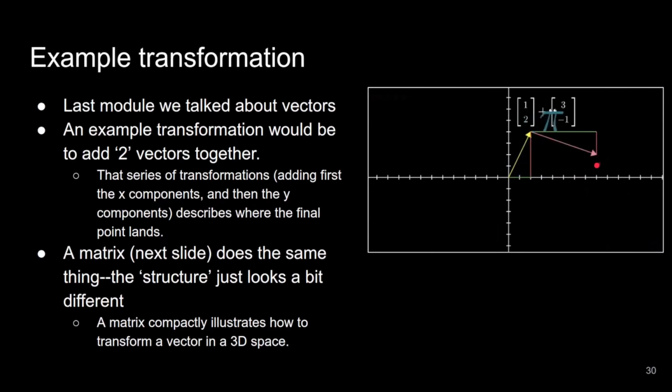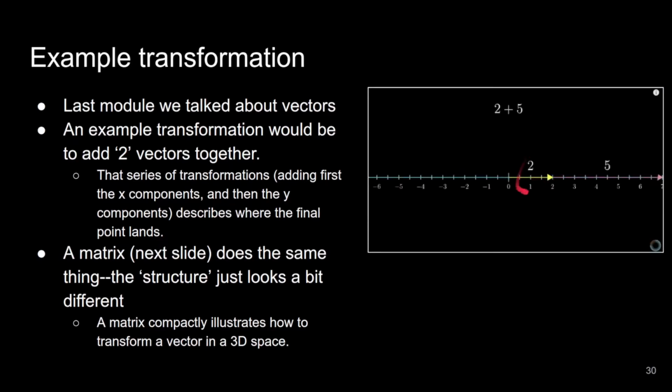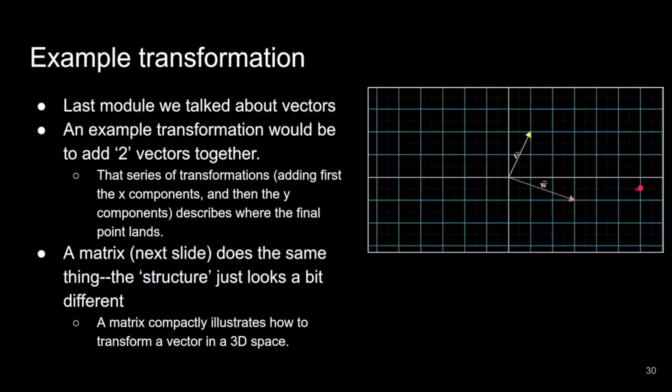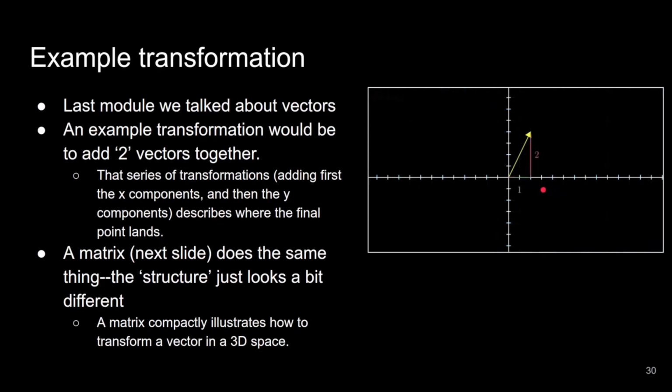So it's a series of transformations: adding the x components, and that happens linearly independent, right? 2 plus 5 here. You can just do that on a number line. Here's how we add things. But then you do that same transformation on the y components: the 2 here, and then the -1, right? We add these components together.